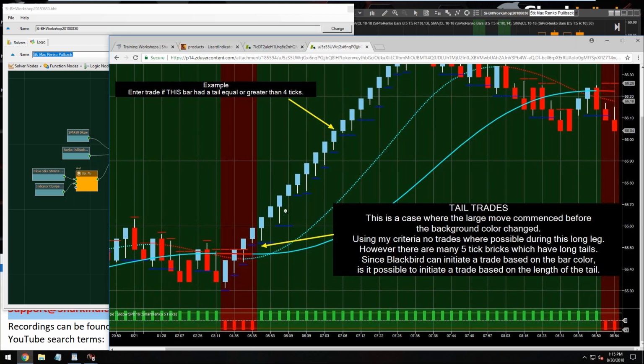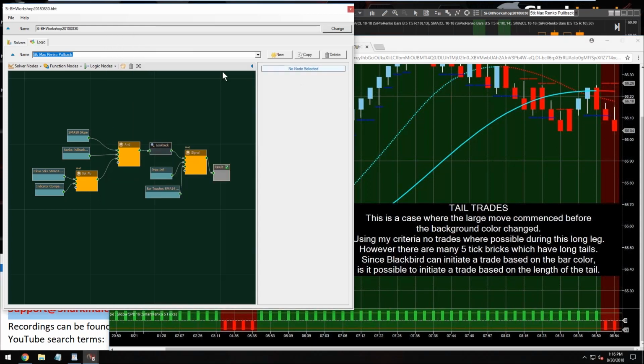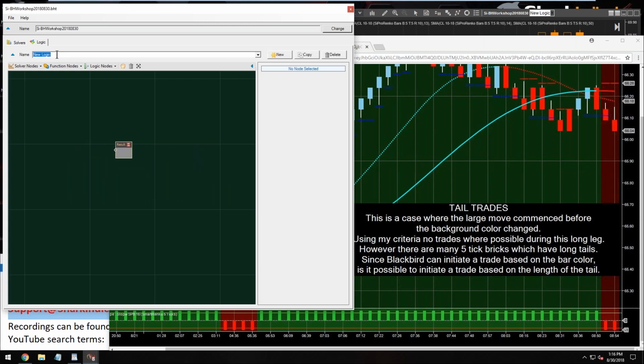I take it that when you're identifying these tails, you also want to use the same slower moving average as your trend filter there. Or no, it's just standalone. Okay. Easy enough. All right, so let's start a new logic template here.